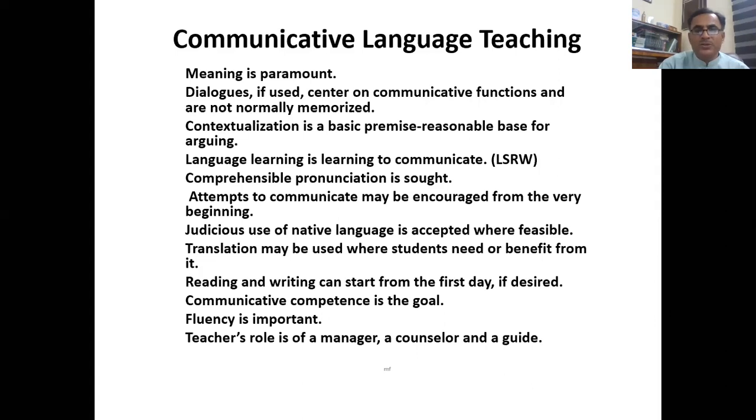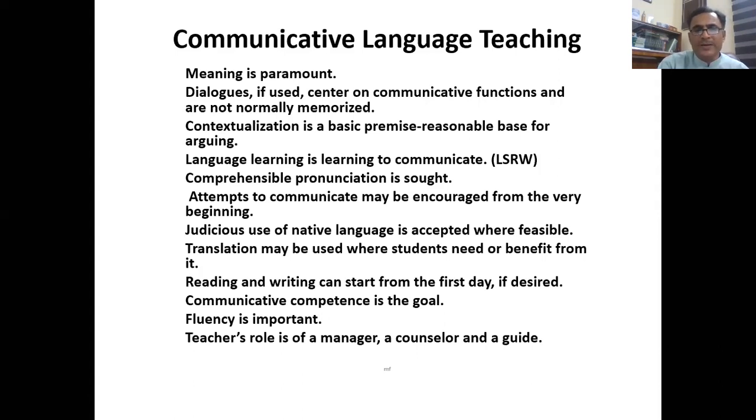Comprehensible pronunciation is sought. I mean, not exactly the standard RP, British English, but something that comes close to it, something that makes meaning clear, something intelligible and comprehensible, could be accepted from the students. Attempts to communicate may be encouraged from the very beginning.